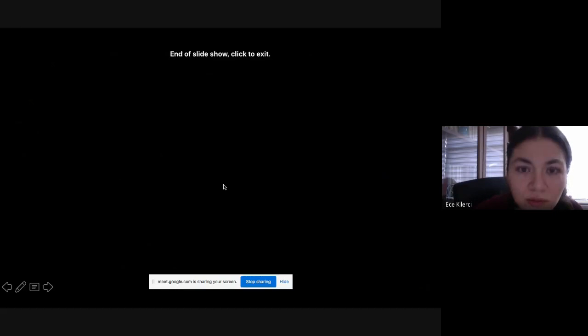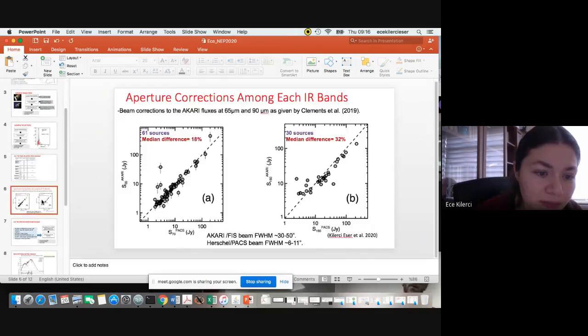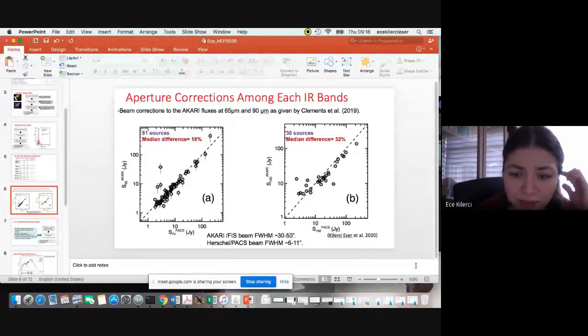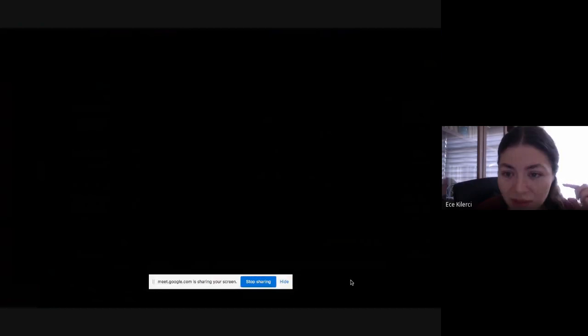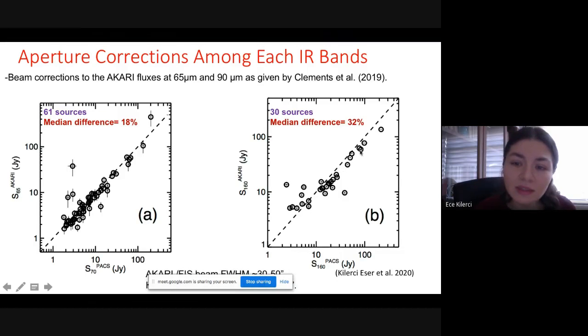Yeah, for Akari here, Akari has a large aperture, and here the Herschel measurements were done with another study that used different kinds of apertures for each galaxy in the sample.